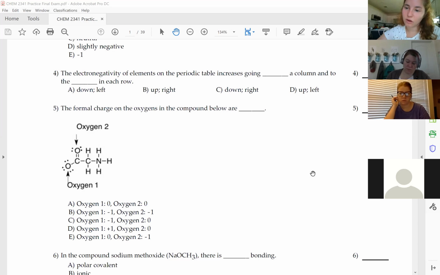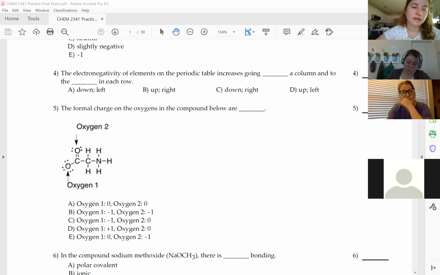We can also solve for it mathematically. Does anybody remember how to do that? You take the number of valence electrons that it wants, and then subtract the number of bonds and lone pairs, right? So oxygen, when we look at the periodic table, we know that it has how many valence electrons? It has 6.